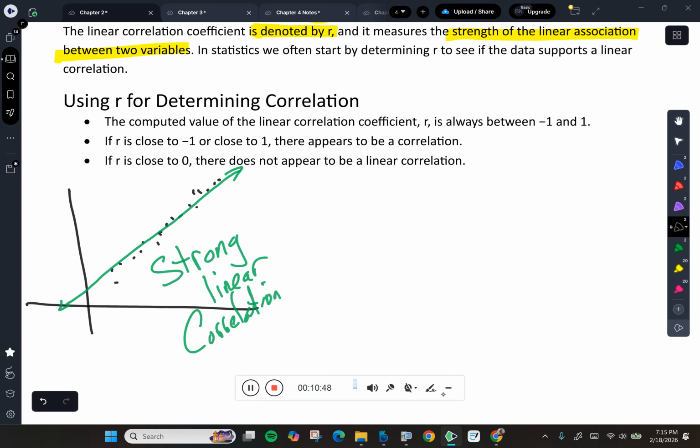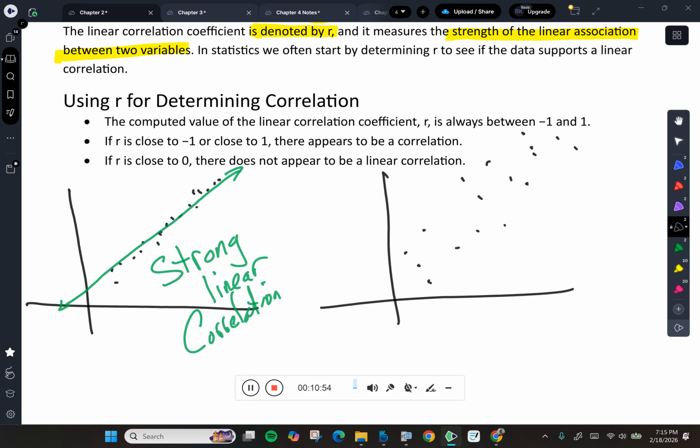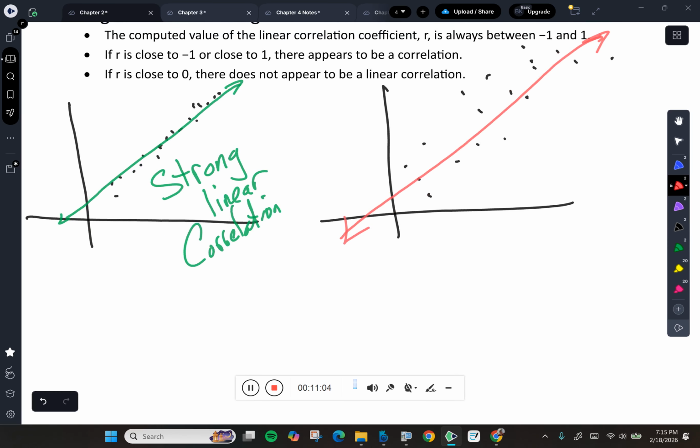Now contrast that to something like this, where we've got more spread out data. It's still generally linear, but the line isn't as good of a fit. So it wouldn't be as strong. And it can get worse. What if you had something like that?